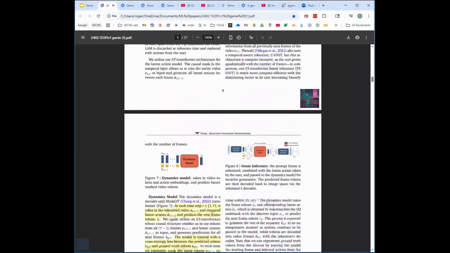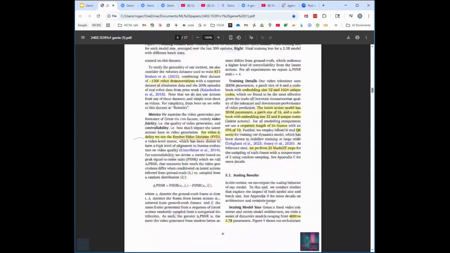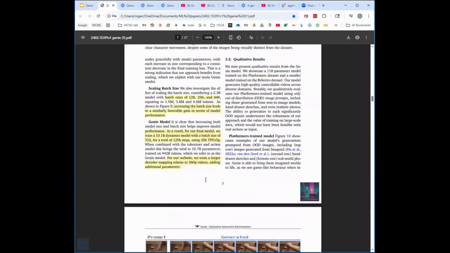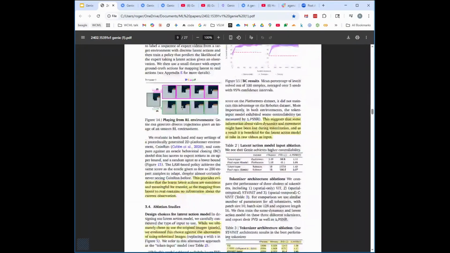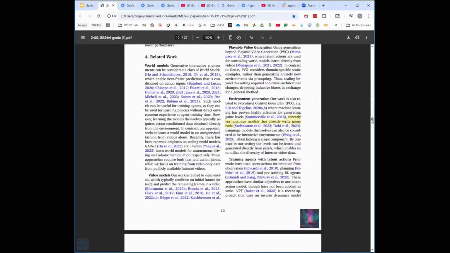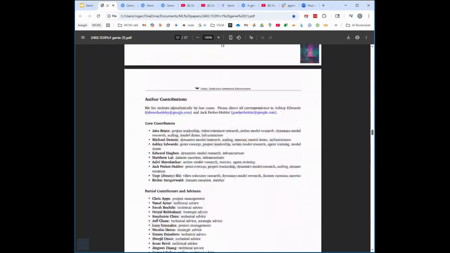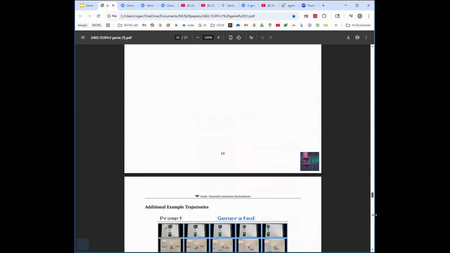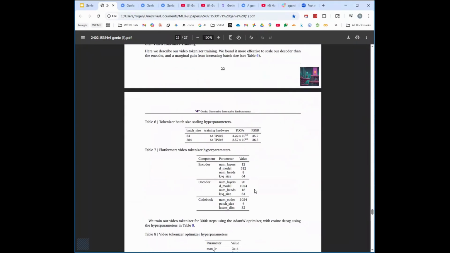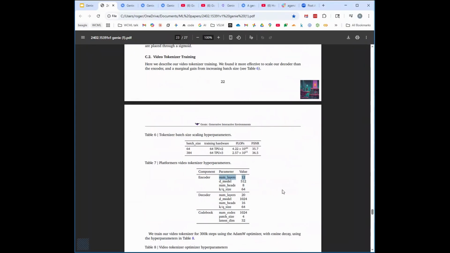They did provide some things like some of the training information, model size, stuff like that. They did some ablation studies. There is more information about the models, I think, down lower, where they talked about details like encoders information, sizes, etc., all using that spatial temporal transformer.